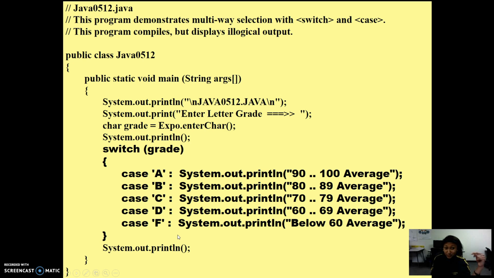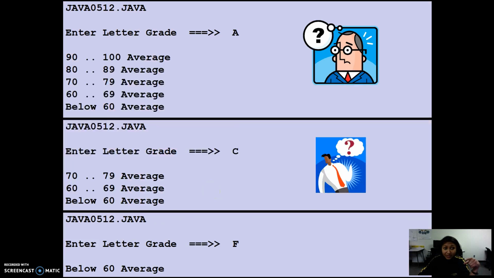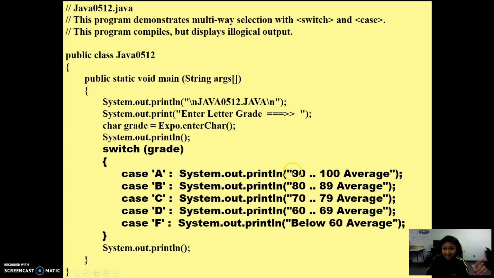So how will this program behave if I don't put my break statement? Well, this is what's going to happen without my break. If the user actually entered the letter grade A, all of those printout statements executed. So if I step back, all of these, 90 to 100, 80 to 89, 70 to 79, 60 to 69, and below 60, all the printout statements executed regardless of whether it fell in these other cases or not.